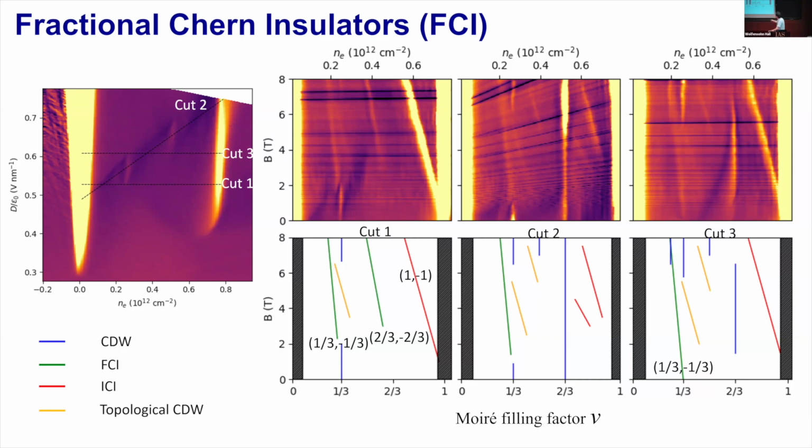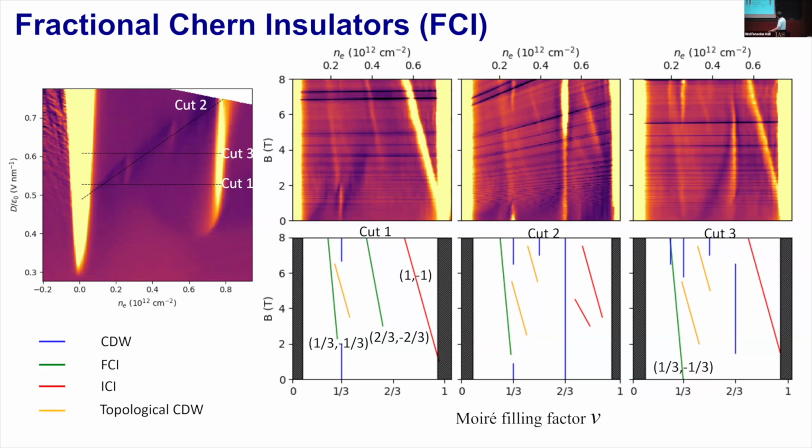Cut 2 is this diagonal way, and cut 3 is here. Cut 3 cuts through the top tip of this 1/3 CDW state. And as you can see, in cut 2, this green line for the 1/3 FCI goes to smaller magnetic field. And cut 3 is even smaller magnetic field. Okay, if you look carefully, there's almost no CDW here.